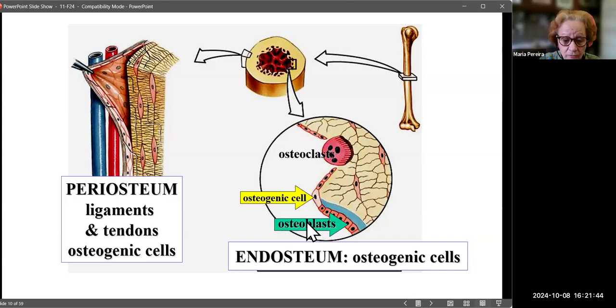And the precursors of the osteoblasts are osteogenic cells, some of them located in the periosteum, others located in the endosteum. So the endosteum is the layer of connective tissue that protects the medullary cavity. So you see here, this is an osteogenic cell, so it's a precursor of osteoblasts.